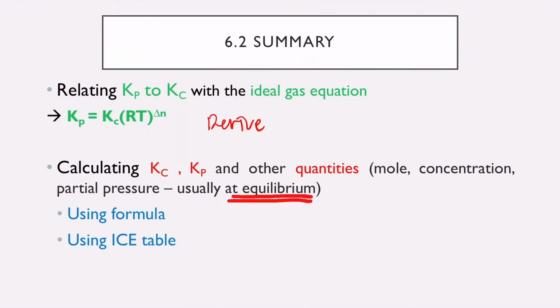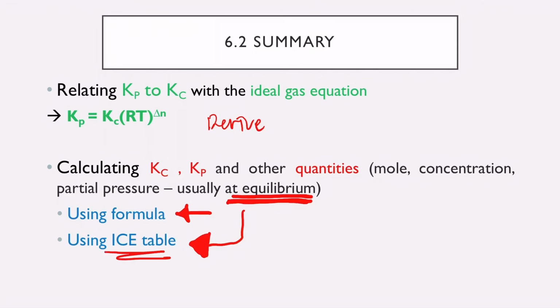So when you don't have enough information, you are going to draw the ice table in order to find x and solve your problem. Otherwise, you're just going to use your formula like normal. Okay, if you're given the information for all information at equilibrium.